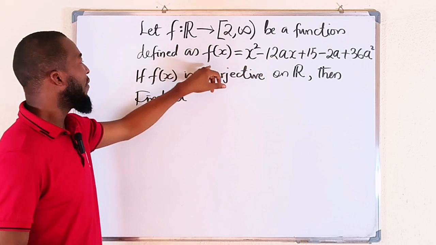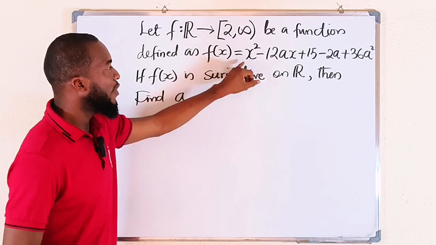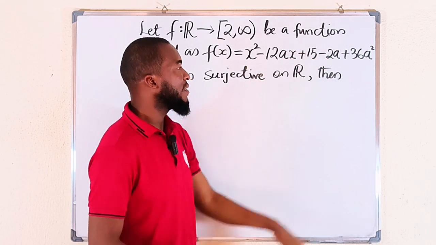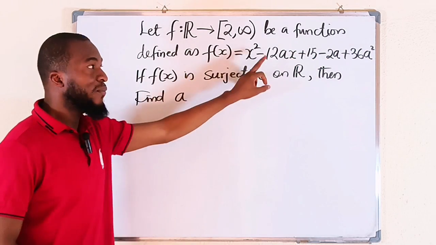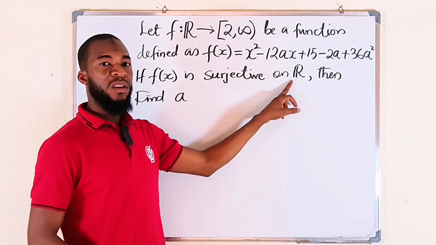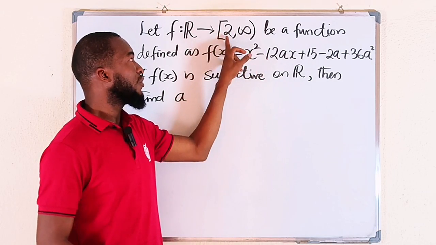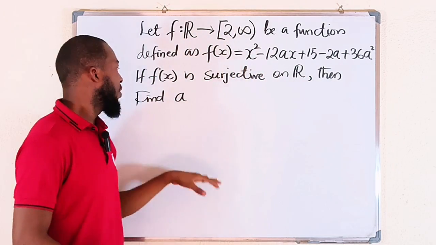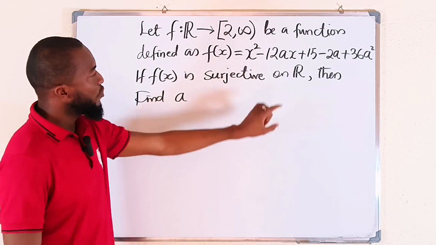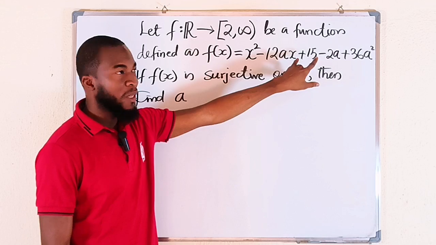Be a function defined as f of x equal to x squared minus 12ax plus 15 minus 2a plus 36a squared. If this particular function is surjective on these real numbers 2 to positive infinity, then we're asked to find the value of a. Number one, you should know that this is a quadratic function.